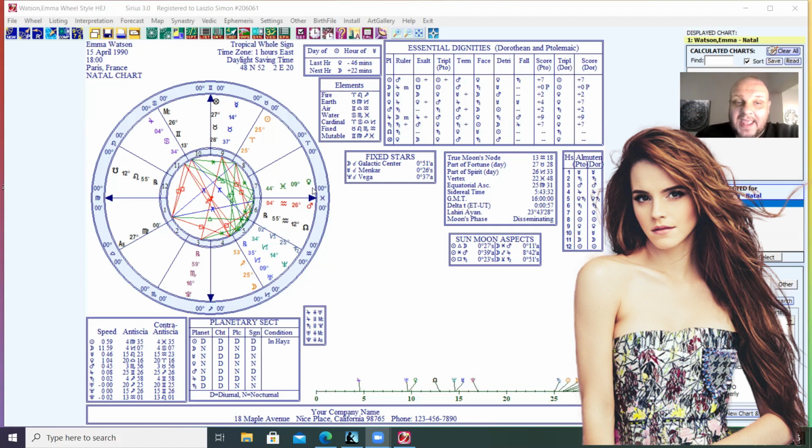As I said, separating aspects tend to be manifesting in our life somewhere in the first 20, 25 years, I would say. But then after that they start fading away. The applying aspect tends to be following us through the entire life of ours. Don't think for a minute that the separating aspects, if you have got them, are not going to cause you any harm or any benefits, because it's kind of a memory in your DNA.